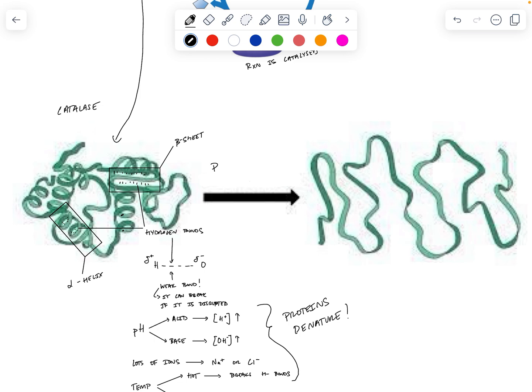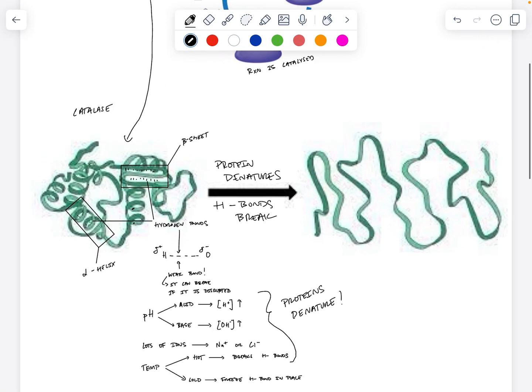So the protein denatures. H bonds break.